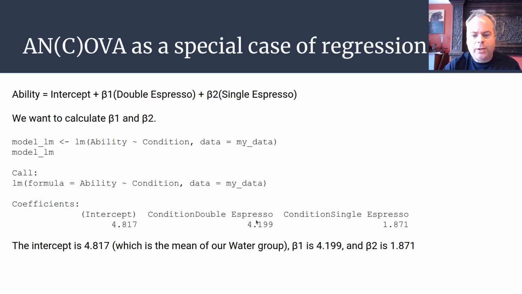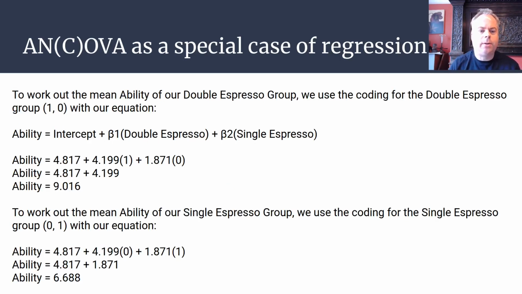We're given the information about our beta 1 coefficient, 4.199, and information about our beta 2 coefficient, 1.871. And we can use these coefficients along with our coding scheme to calculate the averages for each of our 3 experimental groups.